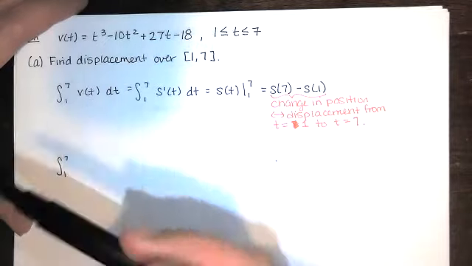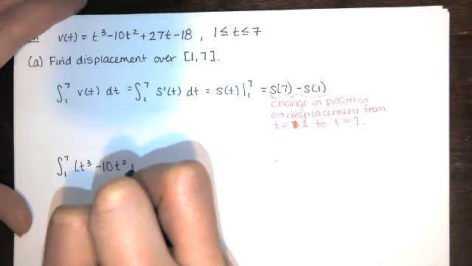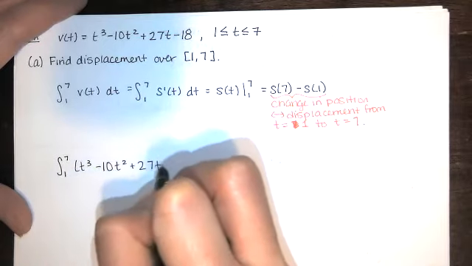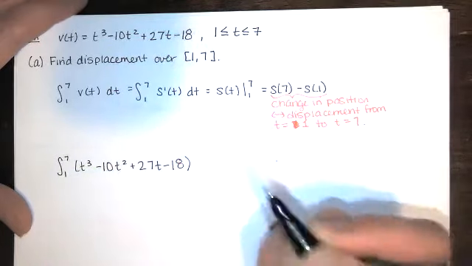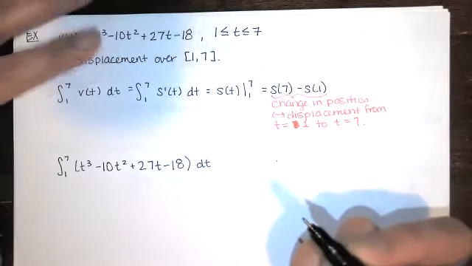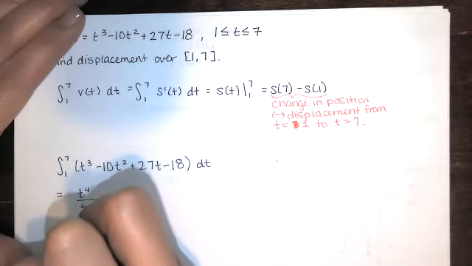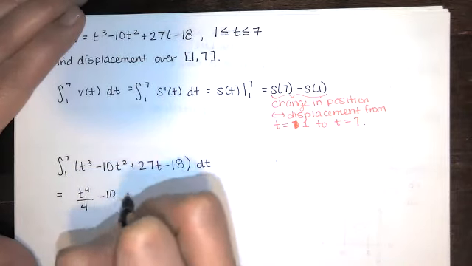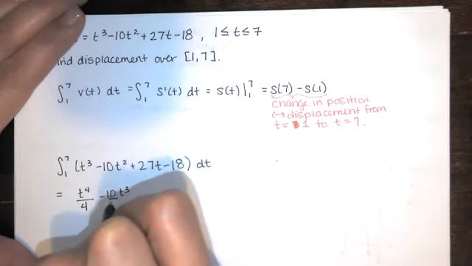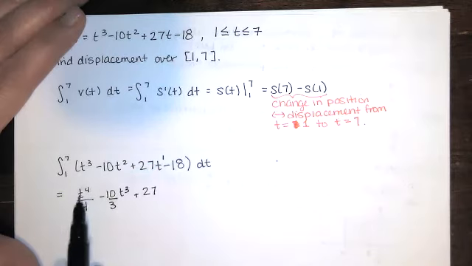We take this velocity function, then we add 1 to the exponent and divide by the new exponent. We're taking antiderivatives, so we just use the power rule. Add 1 to the exponent and divide by the new exponent.